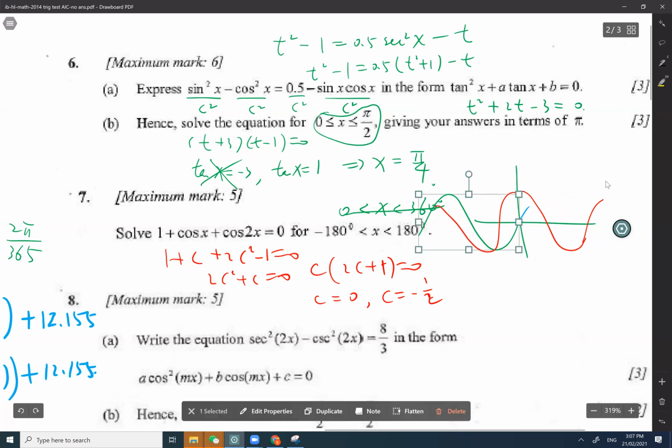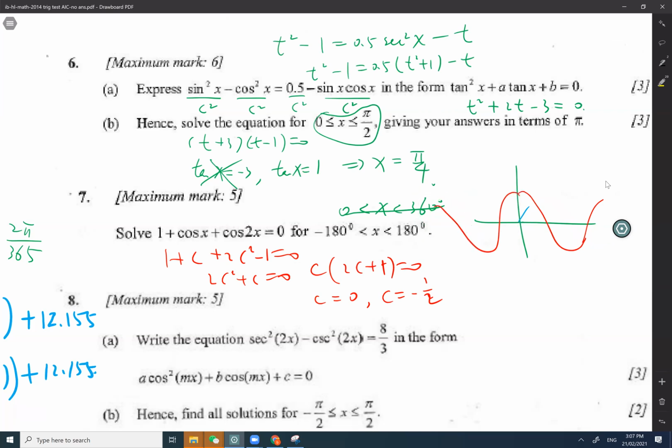Cos equals 0 here and here. Cos equals negative half here and here. If it's between 0 and 360 degree, you need a 240.